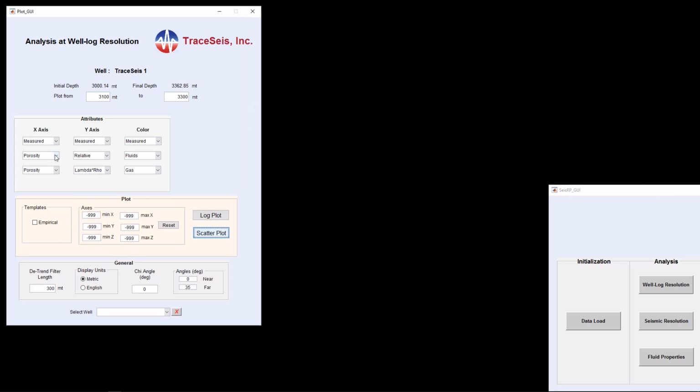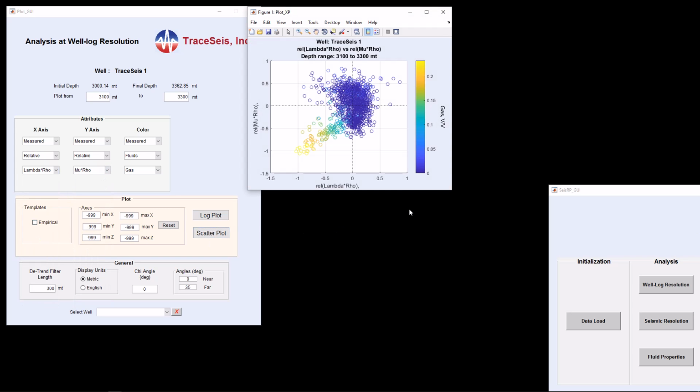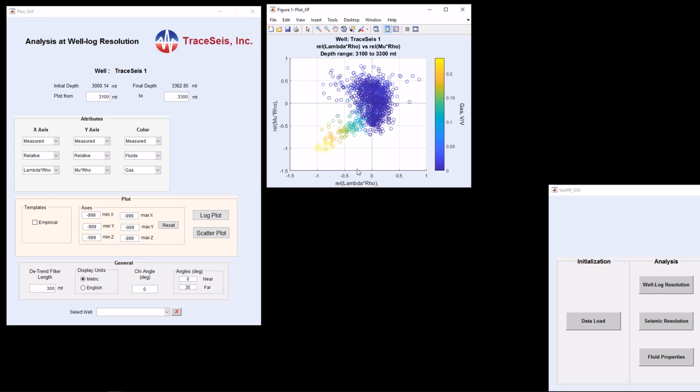Let's make a crossplot of these attributes, relative lambda rho against relative mu rho. And this is the scatter plot. Let's plot it again, keeping the x and y axis at the same scale. So let's do the axis from minus 1.5 to 1.5 in x and the same in y.